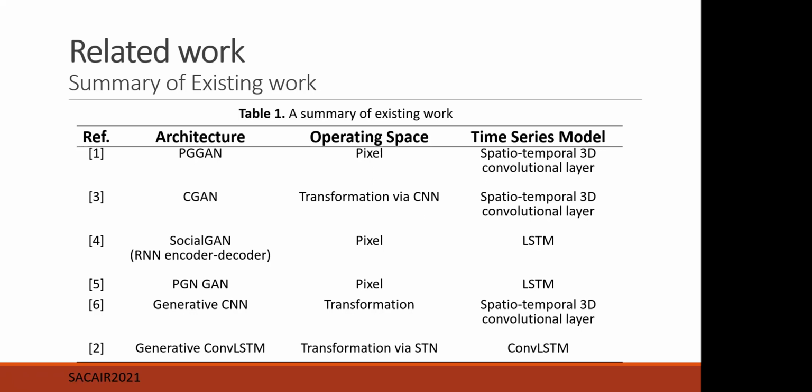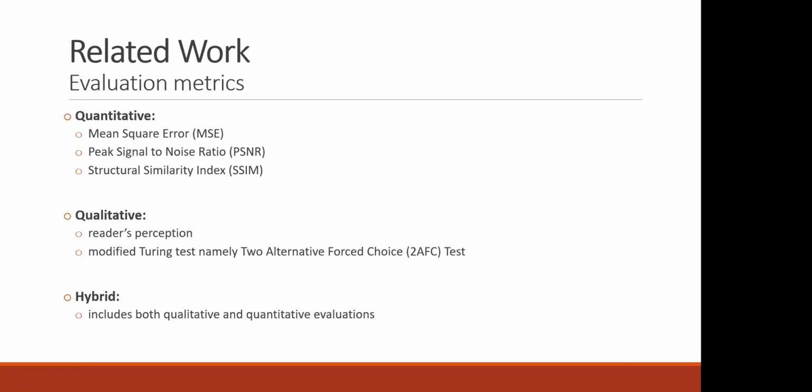The evaluation of these models is still an open problem due to the multimodality of the solution. Existing work uses either quantitative, qualitative, or a combination of approaches. In quantitative metrics, you have things like structural similarity indexes, which accounts for the perceptual differences within a frame.